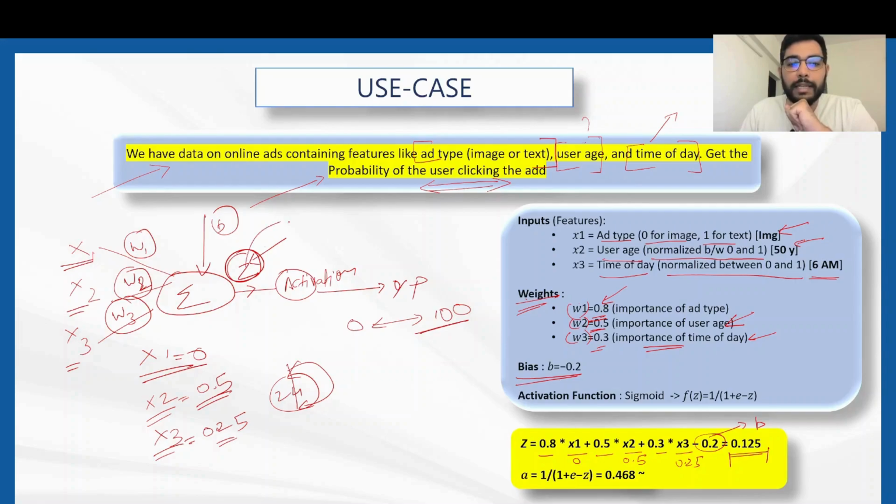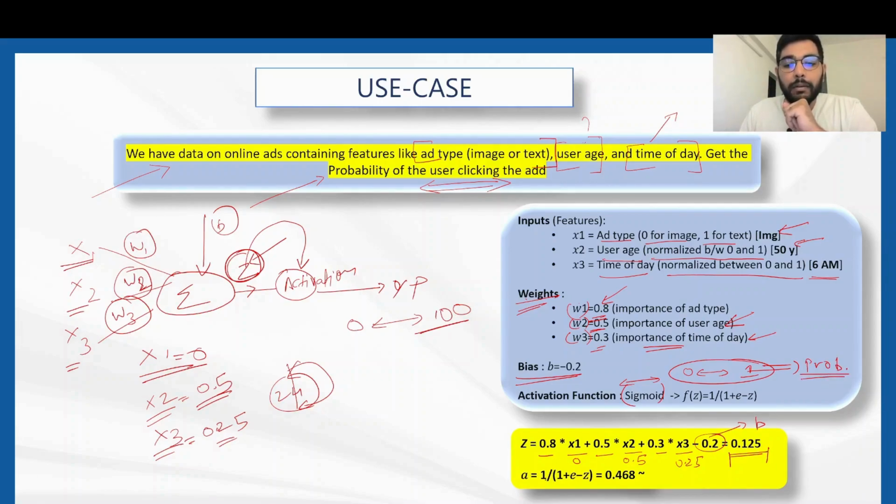Now this z essentially goes into an activation function. In this particular case, since we want the probability, we'll have a sigmoid activation function. We'll discuss these activation functions and their types in detail in later videos, but essentially the sigmoid function gives us the probability. Any input to the sigmoid function will give you an output normalized between 0 and 1. That is essentially the probability of that particular use case.